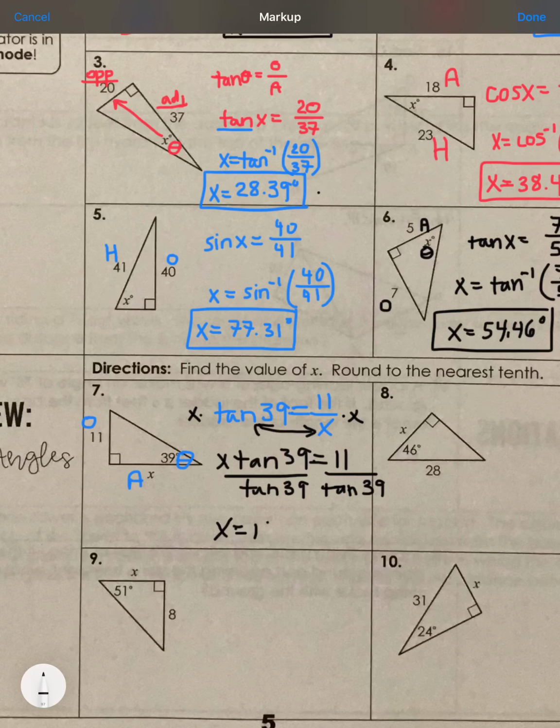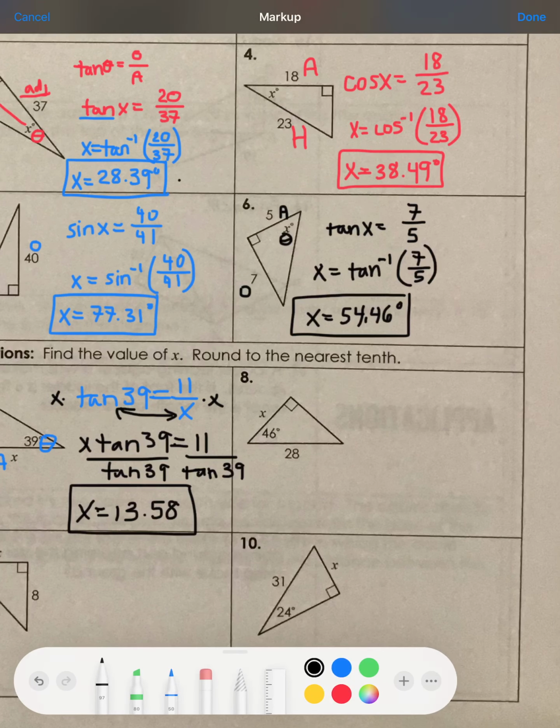And you would put 11 divided by the tangent of 39 in your calculator, and you get 13.58. It does not get a degree sign because we're finding the side of a triangle.